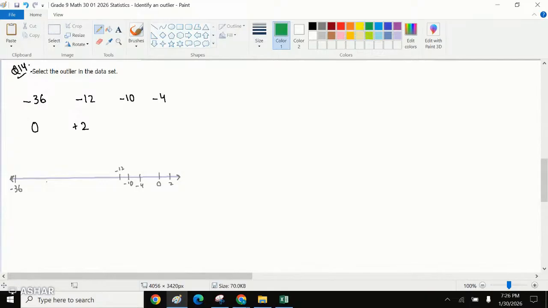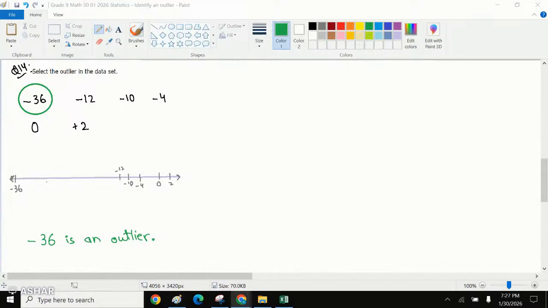So can we say in this case that negative 36, because see, these could be temperatures of a city, right? Any given city. That means negative 36 was the most extreme temperature for that particular city, right? So negative 36 is not usual. Therefore, we say negative 36 is an outlier. Agreed? Let's look at some more examples.